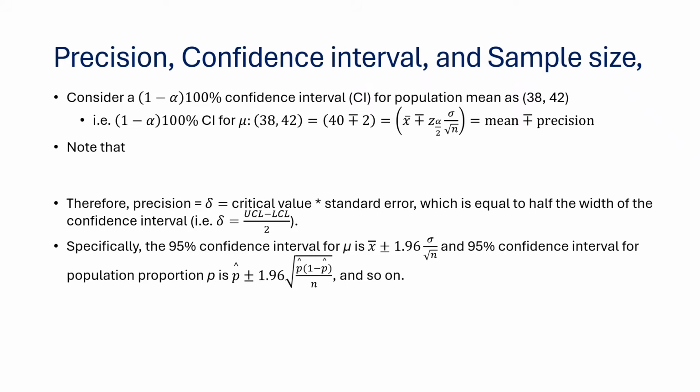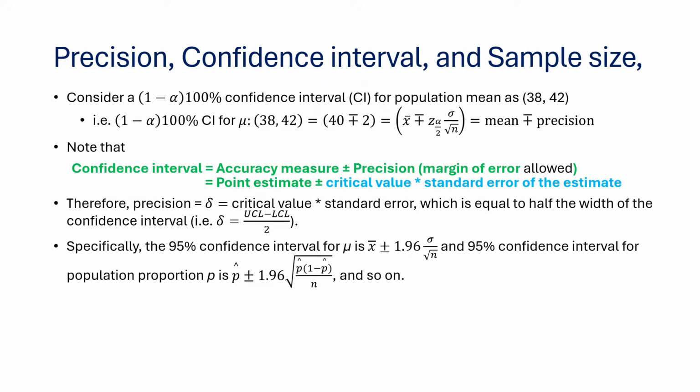Let us recall a (1 minus alpha) 100% confidence interval for population mean. As you all know, the formula is x bar plus or minus z alpha by 2 sigma by root n, which from a closer look is actually mean plus or minus precision. That's exactly what we are talking about. You can also see that precision involves two different components.